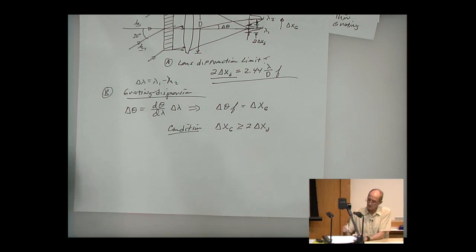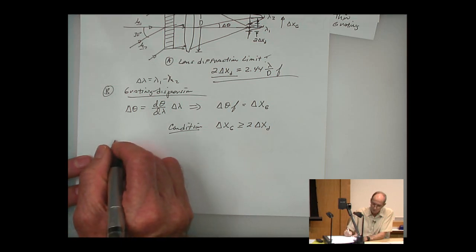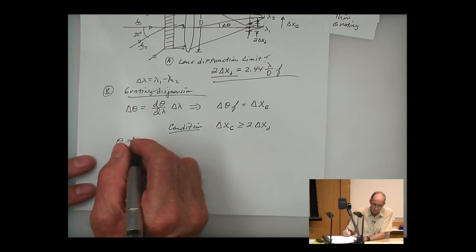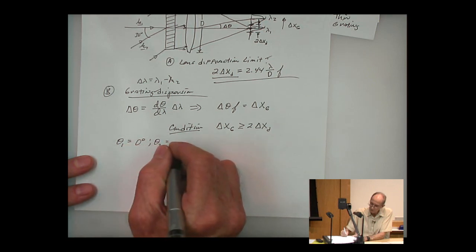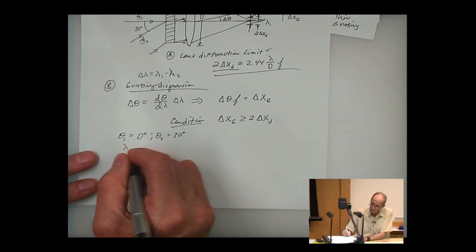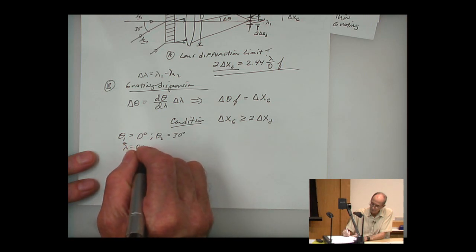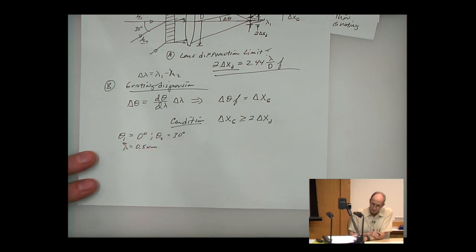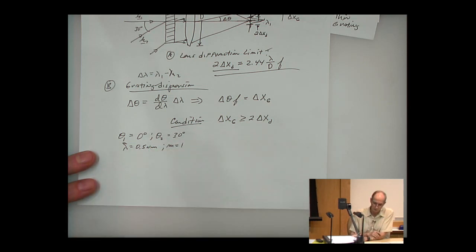Okay, so let's put some numbers on this to see what we can end up with. Again, we'll choose theta 1 equal to 0 degrees, and theta 2 equal to 30 degrees, and we'll use a nominal wavelength of half a micron, and we'll just use m equals 1, the first diffraction order.